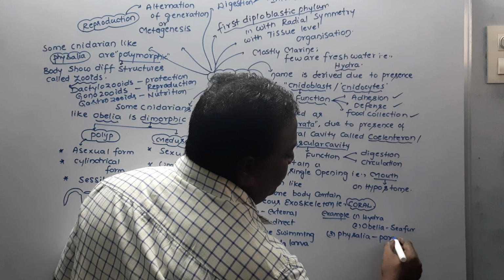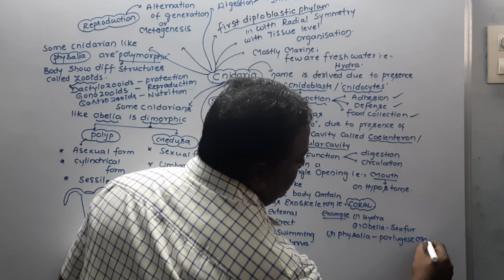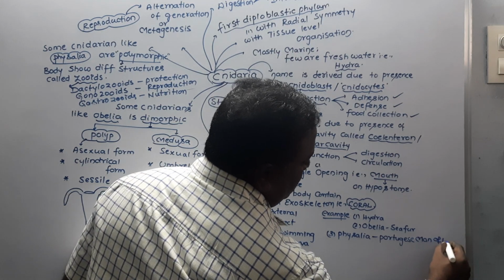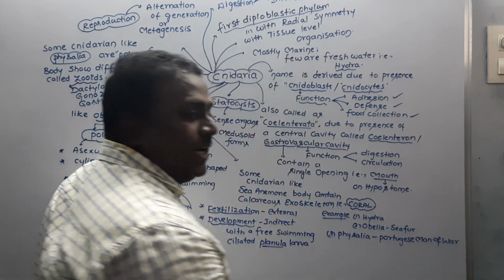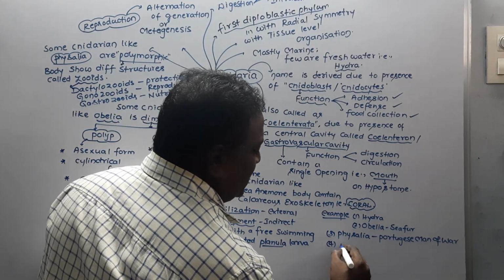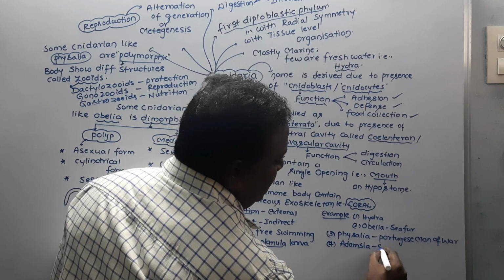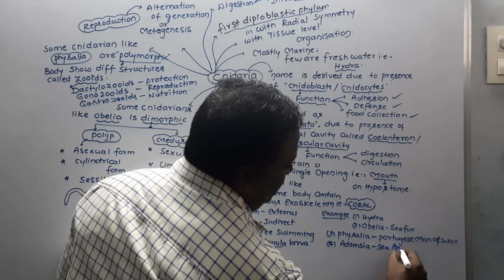The common name of Physalia is Portuguese man of war. The fourth example is Adamsia, called sea anemone.